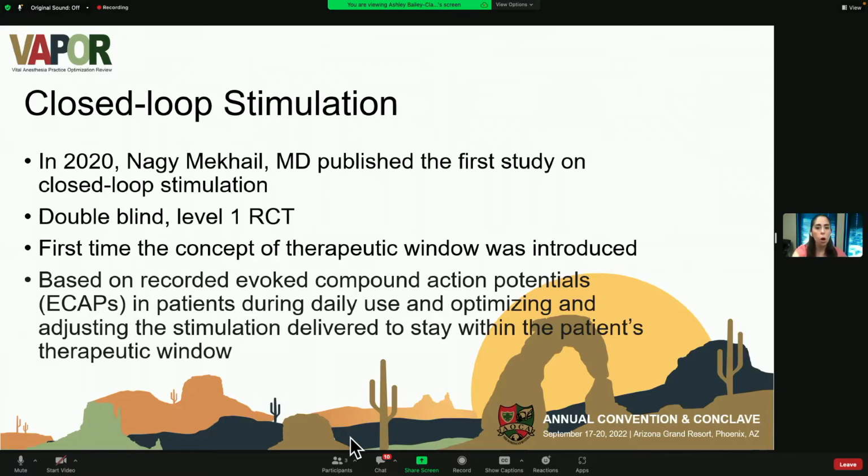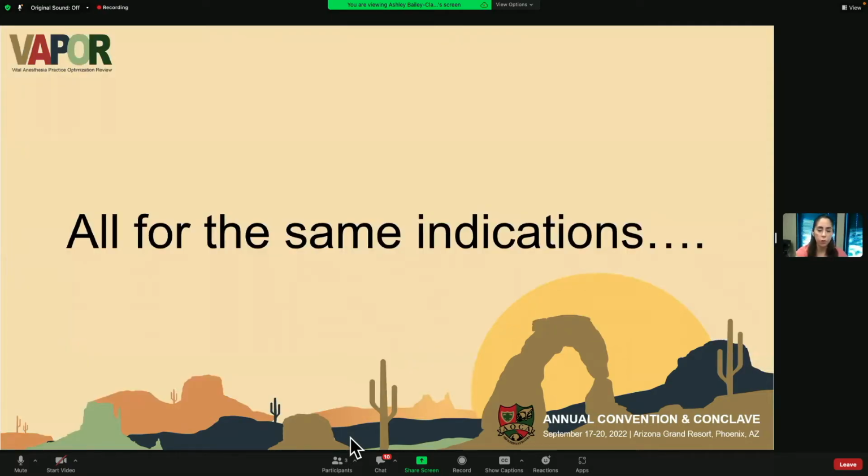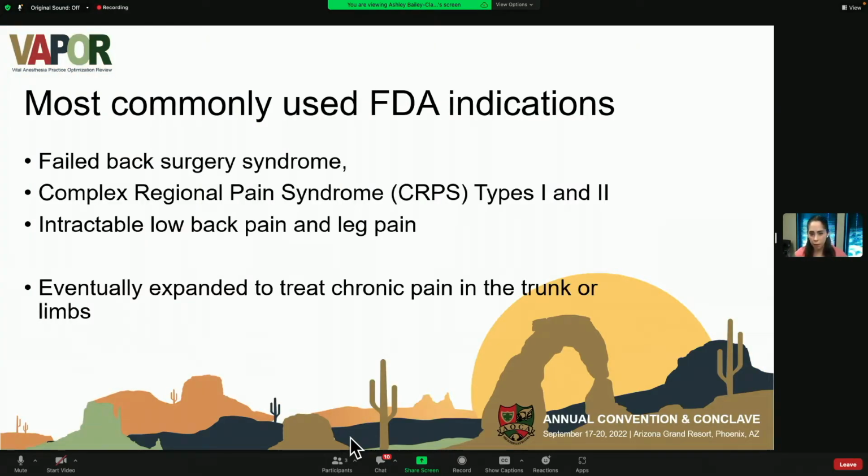However, all of these things that we've gone over so far, they've all been for the same indications, like I talked about earlier. Failed back surgery syndrome or post-laminectomy are most common. Complex regional pain syndrome, type 1 and type 2, or that causalgia. In some cases, you can also get by with intractable low back pain and leg pain. Eventually, some of our indications got expanded to chronic pain in the trunk and limbs.